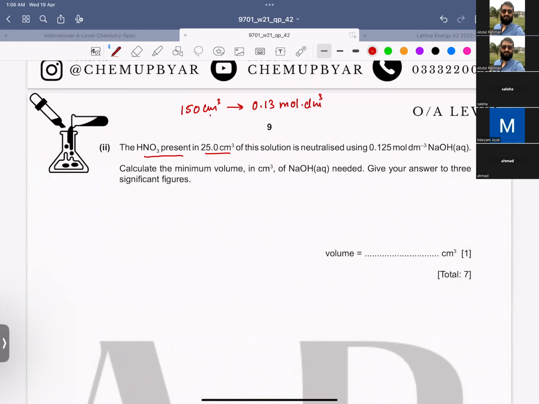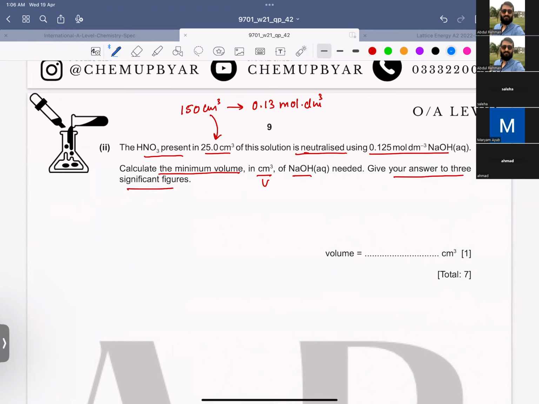From that 150 centimeter cube of solution, 25 centimeter cube is taken out, and this solution is neutralized using 0.125 mole per dm cube of sodium hydroxide. What are they asking? Calculate the minimum volume in centimeter cube of sodium hydroxide needed. Give your answer to 3 significant figures.